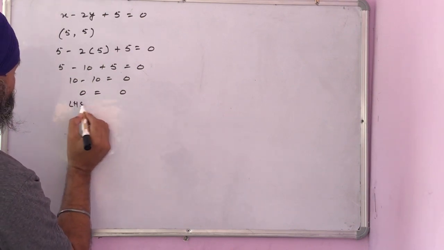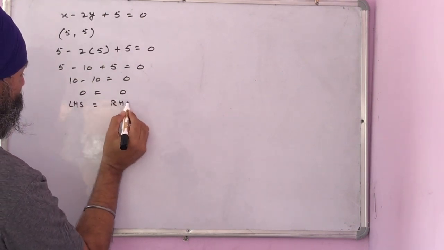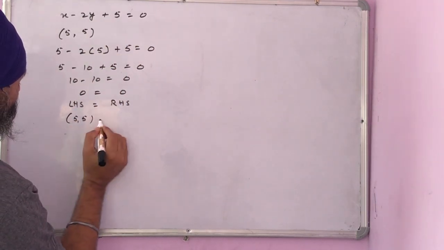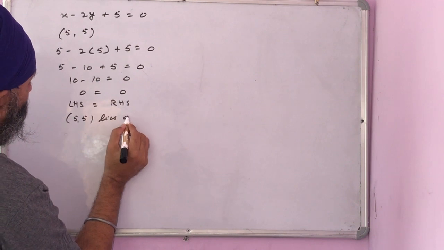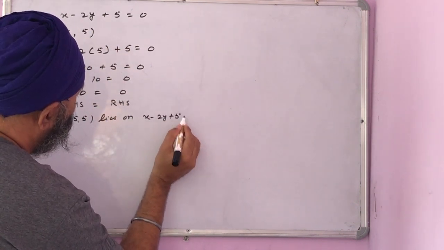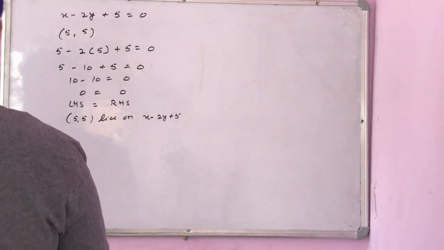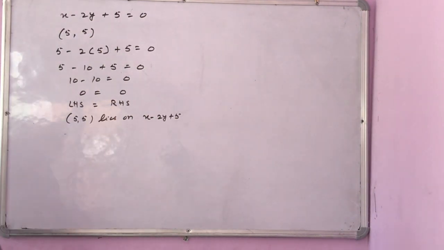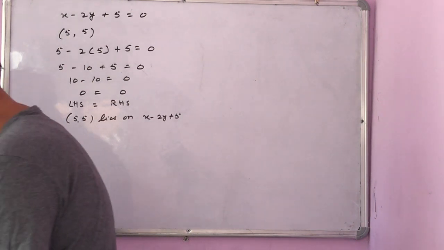So both sides are equal, LHS is equal to RHS. It means the point lies on x minus 2y plus 5 equal to 0. Only we have to put the values. The second is the same.